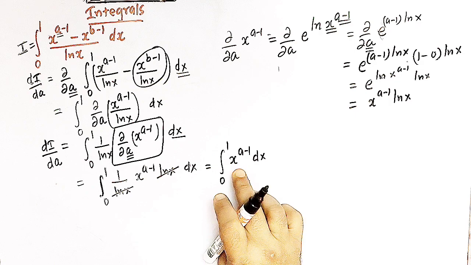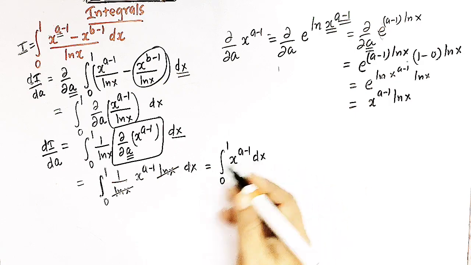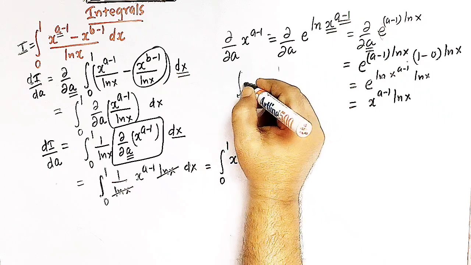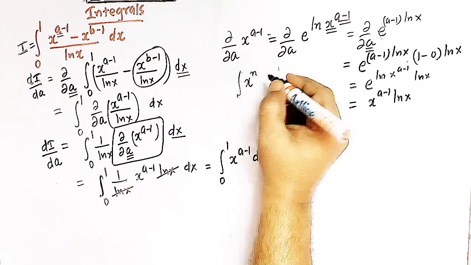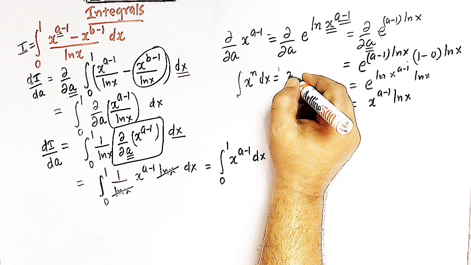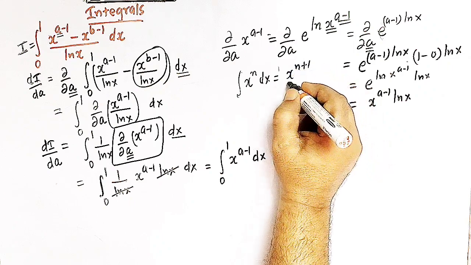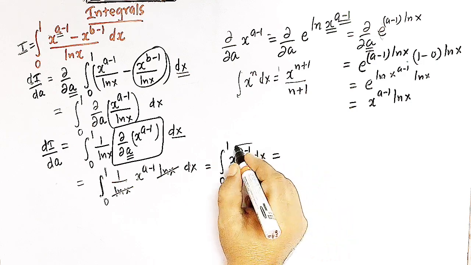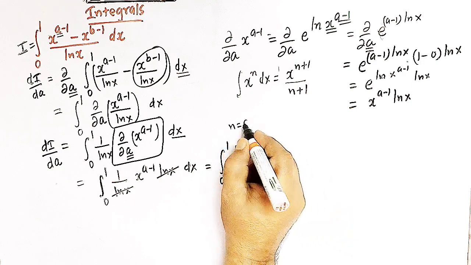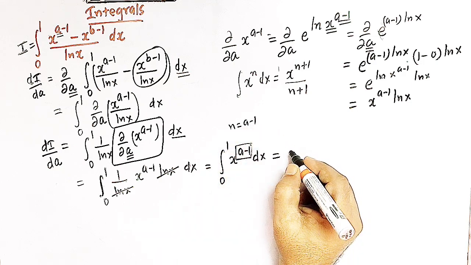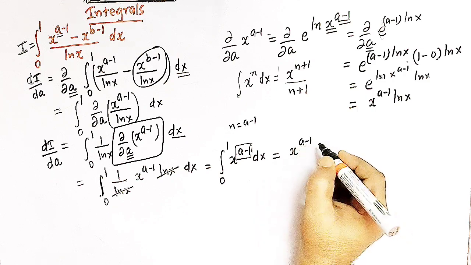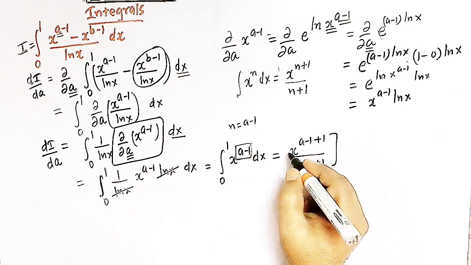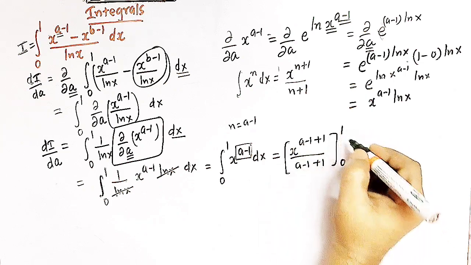So now again we can treat x as a variable, and we can use this well-known result, that is integral x raised to n dx is x raised to n plus 1 over n plus 1, right? So here for n we have a minus 1, so we have x raised to a minus 1 plus 1 over a minus 1 plus 1, and the limits of integration are from 0 to 1.